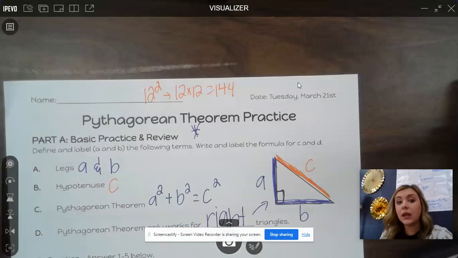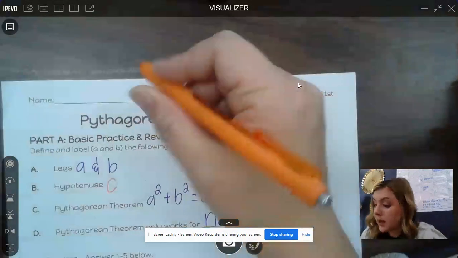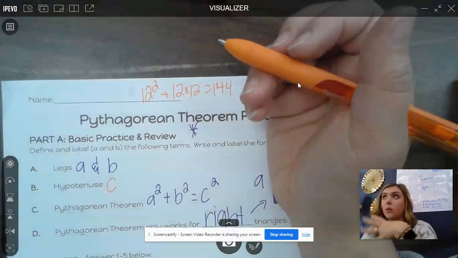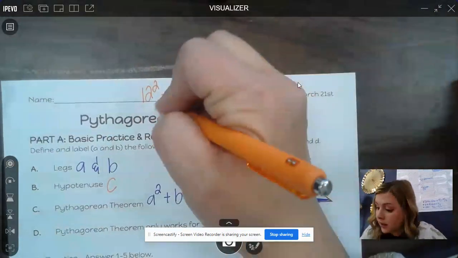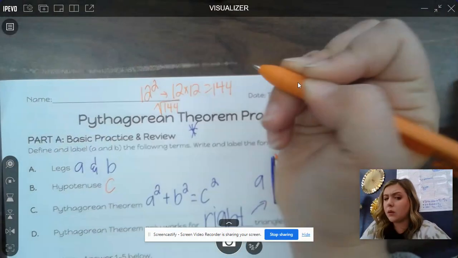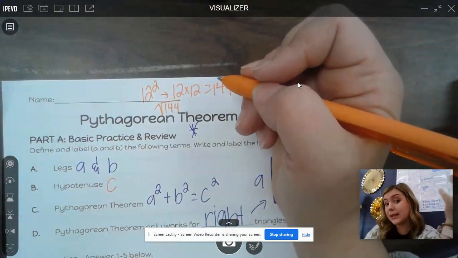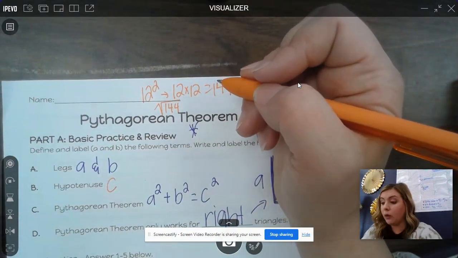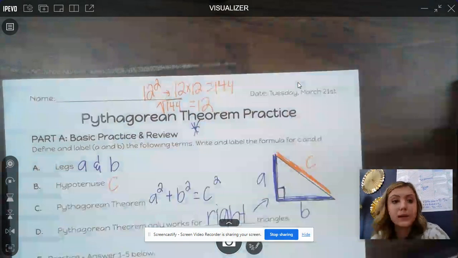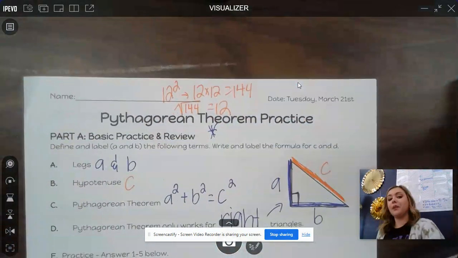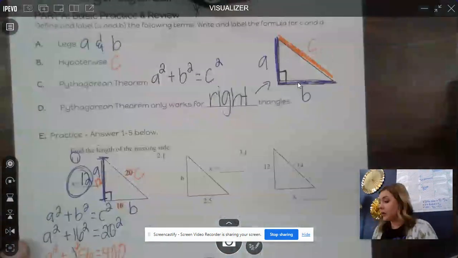But if we are getting the backwards of that, if we end up with a B squared, we can't divide, we have to get the opposite of that. And we would say that the square root of that number is asking what number times itself gets me that number. Well, 144 is a perfect square, so the value is 12. Okay? All right, and that's your Pythagorean theorem review.